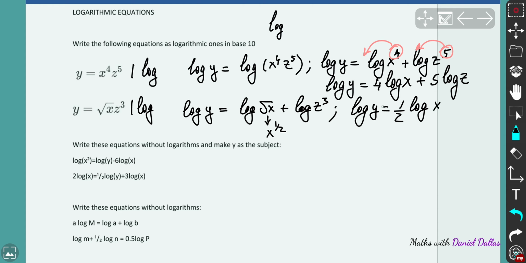The same for 3 here, so we put 3 before log z. That's the final logarithmic equation, which is equivalent to the initial one.